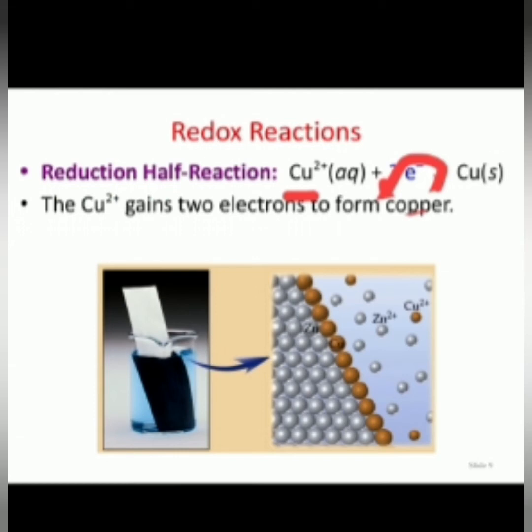It maintains electrical neutrality within the internal circuit, preventing the cell from rapidly running its reaction to equilibrium. So, the salt bridge is an important device.